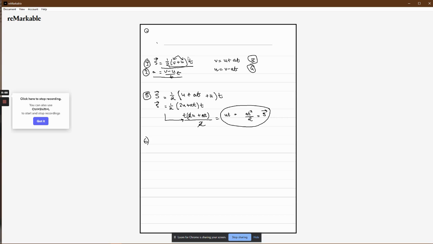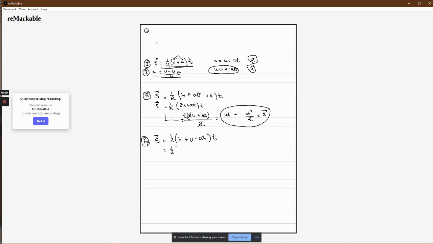Okay. Now suppose we have equation 6, and this time we sub in the initial velocity. The initial velocity is u, and let's do that. S is equal to half v plus v minus at now, multiplied by t.